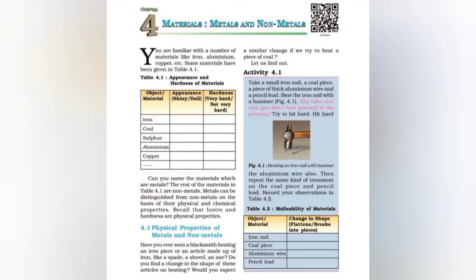Metals like aluminium, copper and iron are malleable, whereas non-metals like coal, pencil lead and sulfur are brittle, because after beating they break up into small pieces. This property is called brittleness. So metals like aluminium, copper and iron are malleable, but non-metals are brittle.